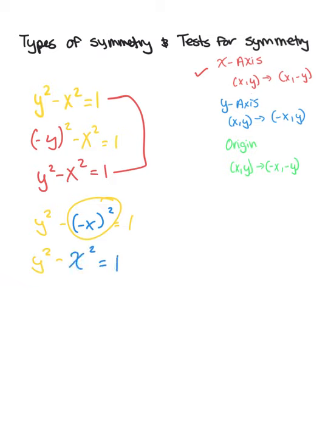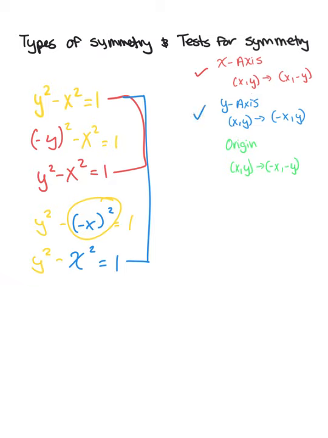So make sure that these two negatives are from the problem. This has nothing to do with me squaring the x. Negative x times negative x is a positive x squared, but these two negatives come from the problem. And that's okay. That's what's supposed to happen. Is this what I started with? Yes, it is. So it is symmetric with respect to the y-axis.